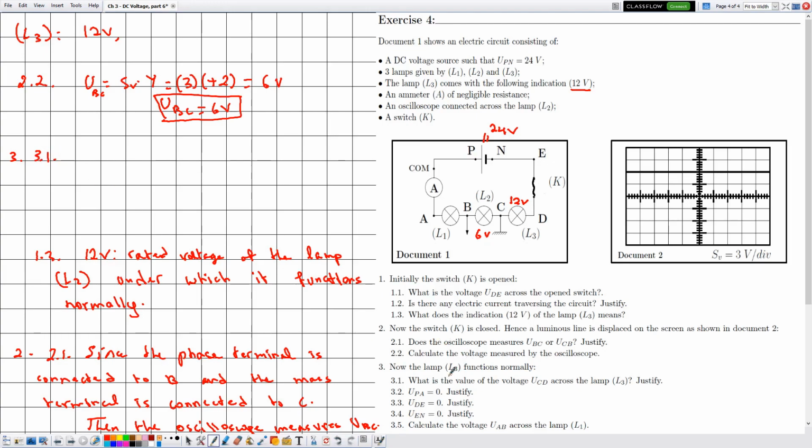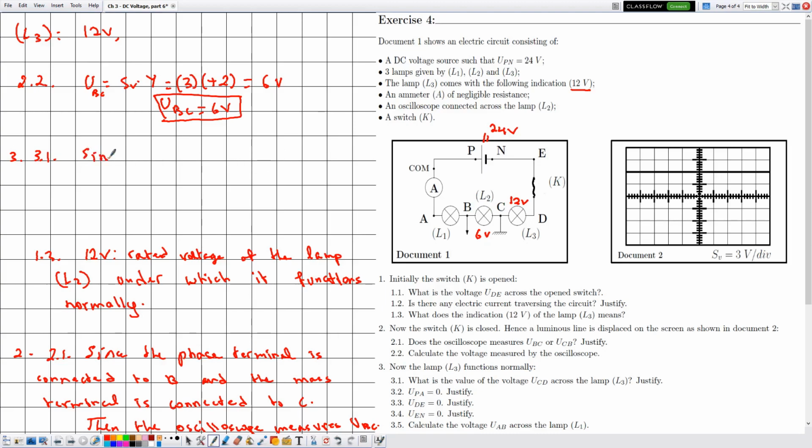Now in 3.1 they are telling me what's the value of the voltage UCD across the lamp L3. It is 12 volts because the lamp L3 is functioning normally and it comes with the following indication, 12 volts. So the applied voltage is equal to the rated voltage.